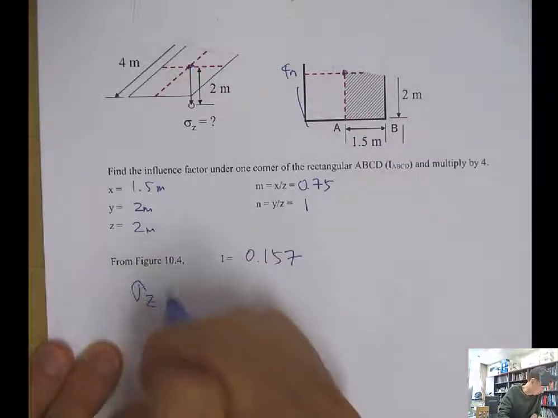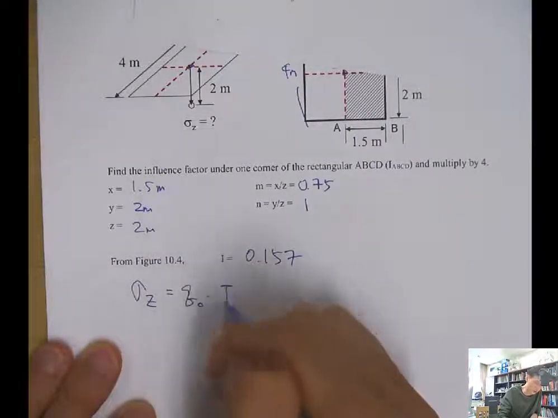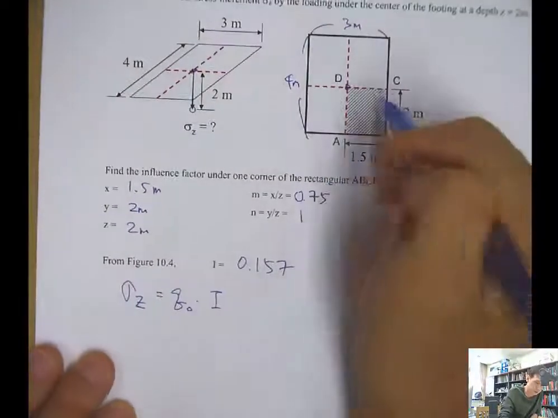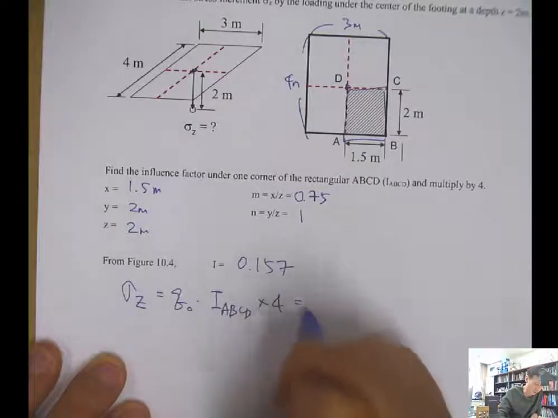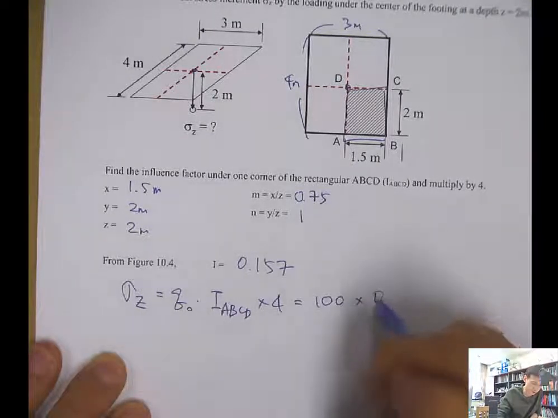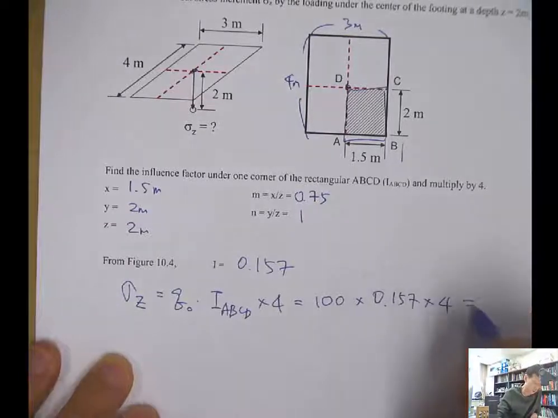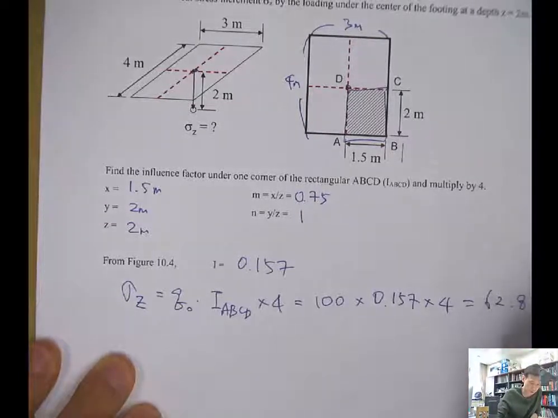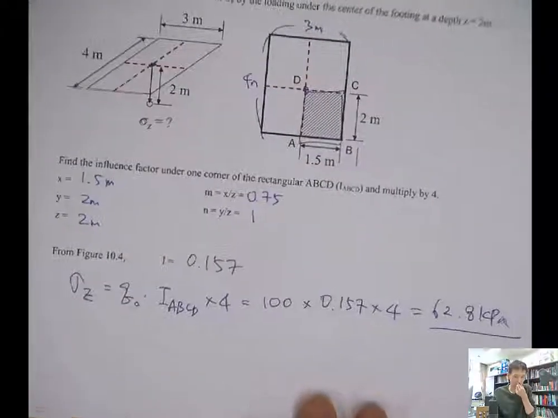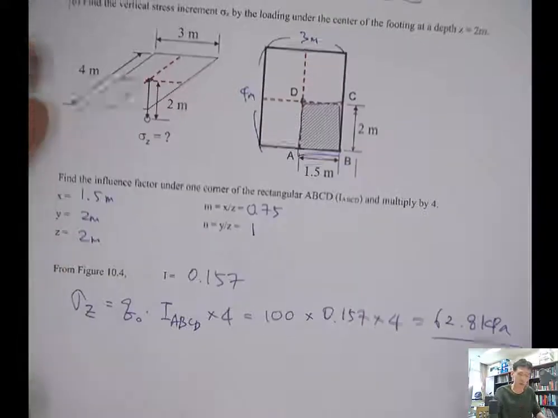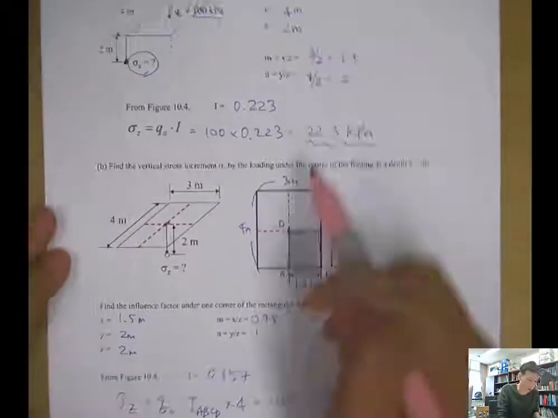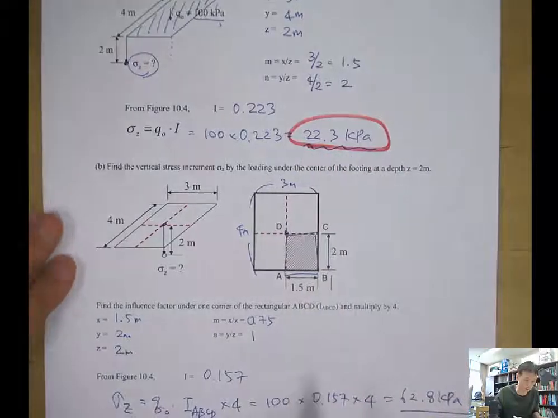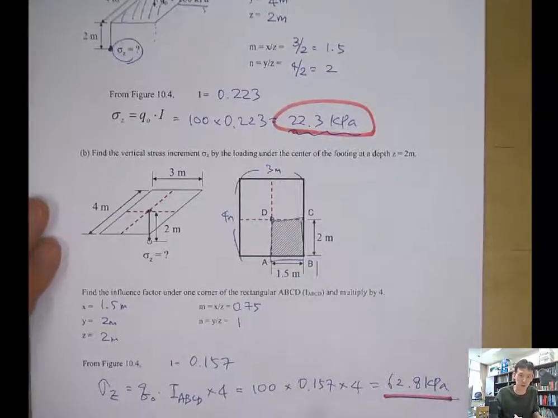So sigma z will be q naught times I, this is rectangle ABCD, times 4, so 100 times 0.157 times 4, that gives you about 62.8 kilopascal. So if you compare, at the corner you have about 22 kilopascal, and here you have about 62 or 63 kilopascal.